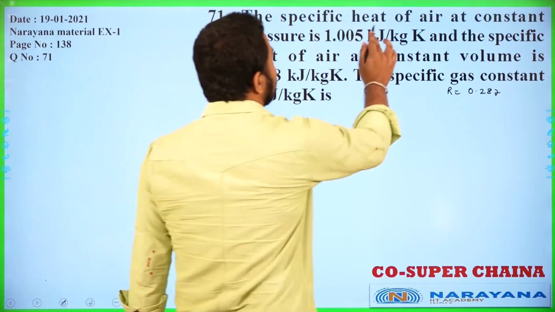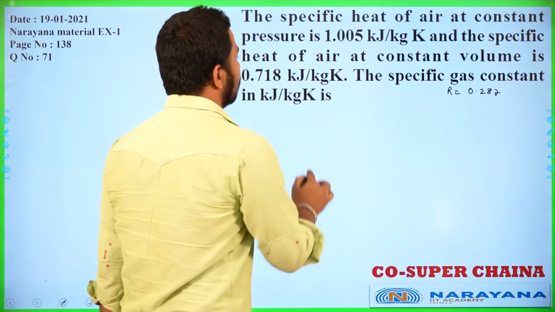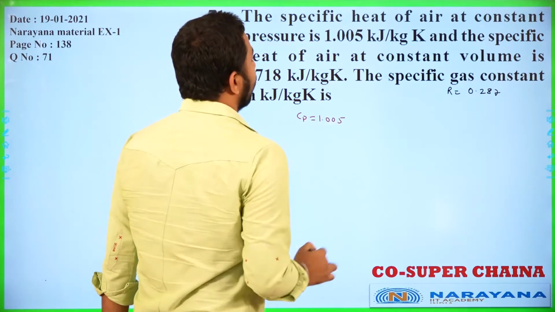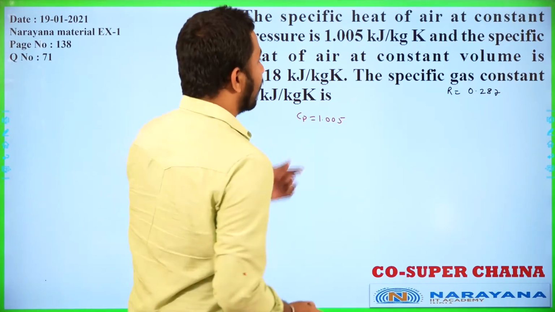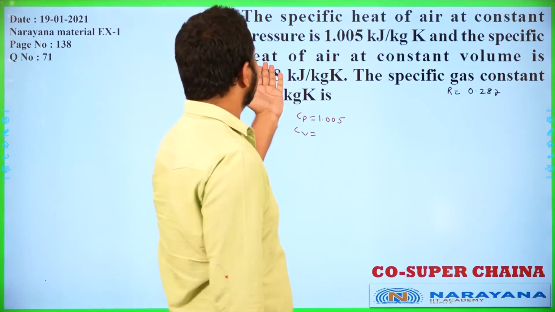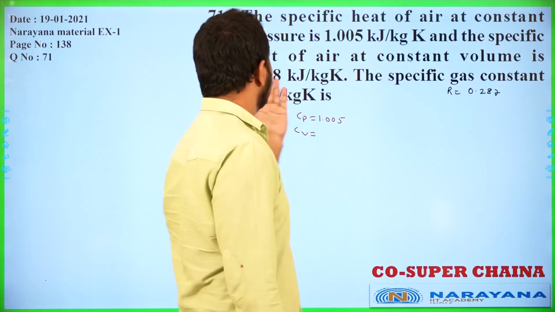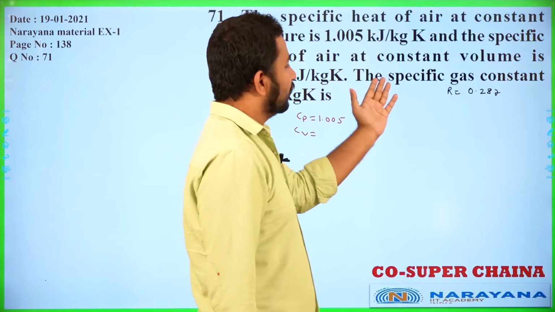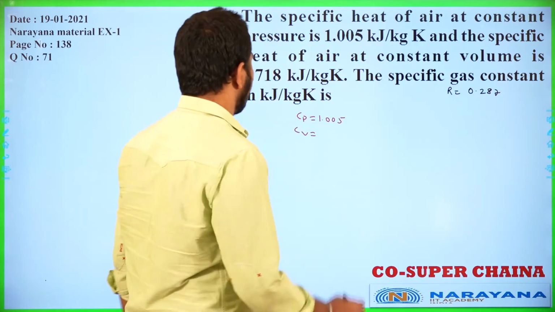The specific heat of air at constant pressure Cp is given to you as 1.005, and the specific heat of air at constant volume Cv is given as 0.718 kilojoule per kg Kelvin. The specific gas constant you have to calculate.